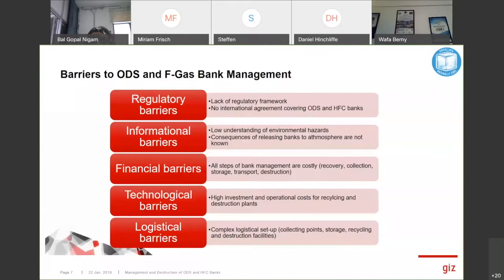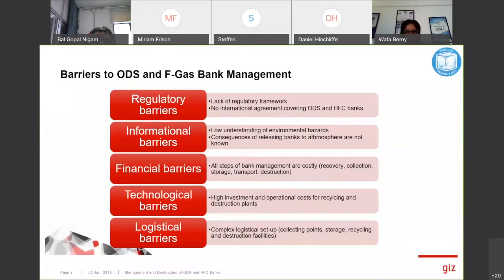And related to this, we also often have a lack of financial incentives to regulate recovery, collection, storage, transport, and destruction. Also related to that are technological barriers.